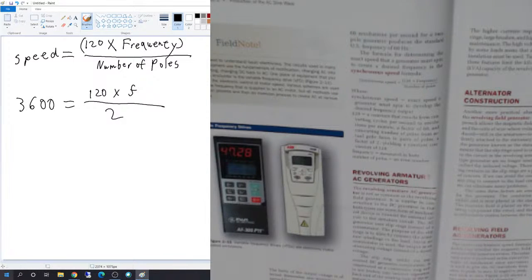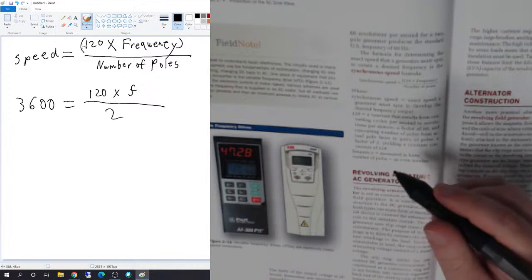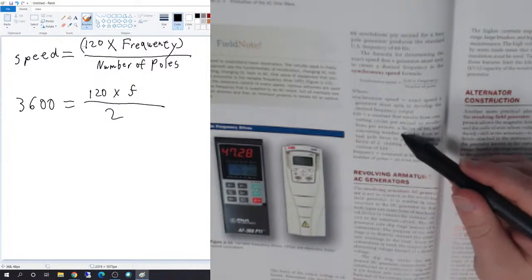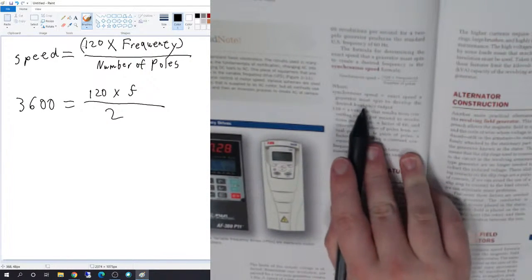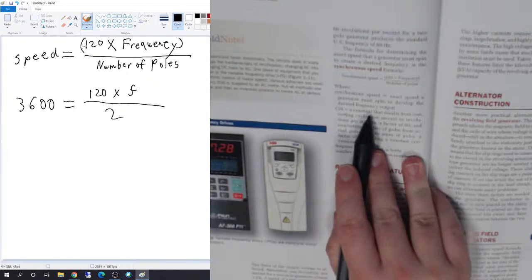This should be pretty simple to work out. Like I was saying, if you look on page 34, it will explain right in here. It says synchronous speed is the exact speed the generator must spin to develop the desired frequency output.